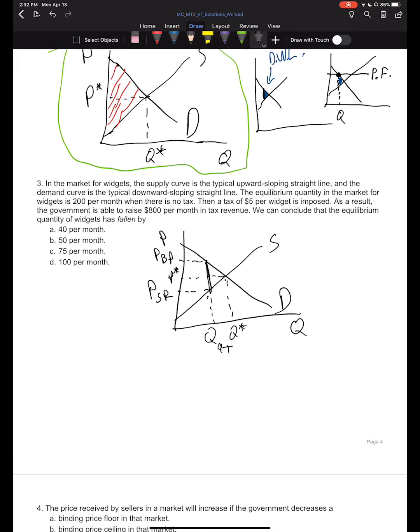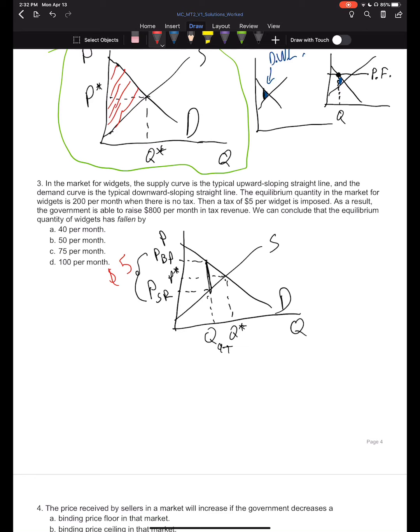All right, so we know that the tax is $5. So we know that the distance between the price buyers pay and the price sellers receive is $5. The government is able to raise $800 per month in tax revenue.